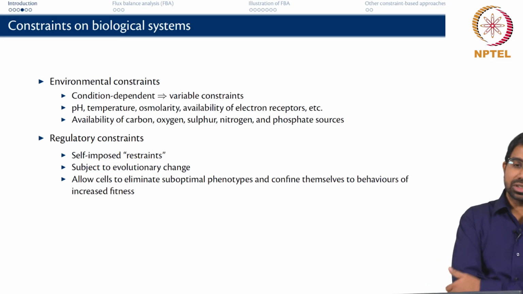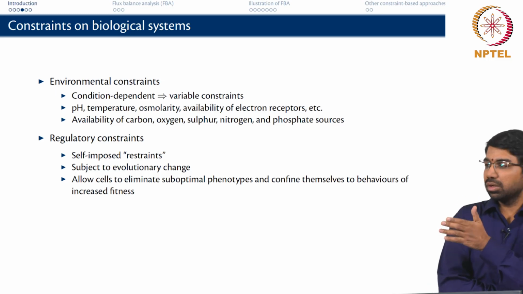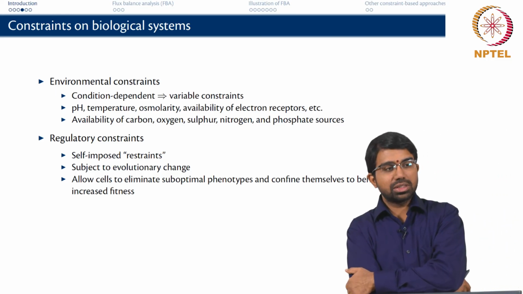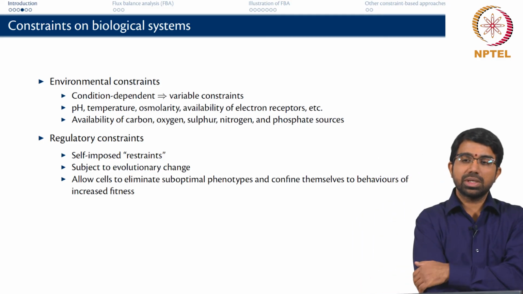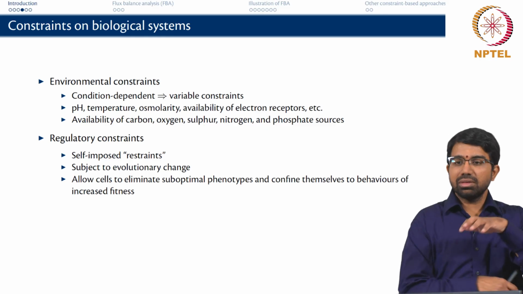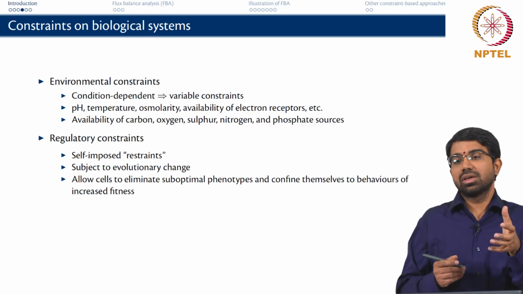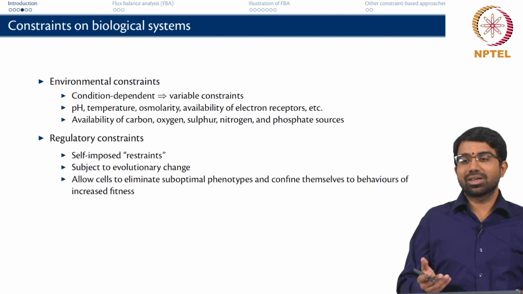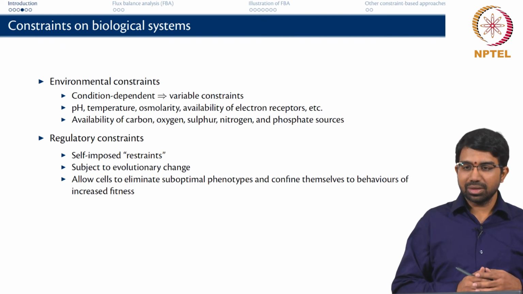Once glucose is exhausted, you have a diauxic shift, and the lactose enzymes are then expressed, the genes are expressed, and then the lactose metabolism kicks in. Right? So the cell essentially chooses not to use lactose.